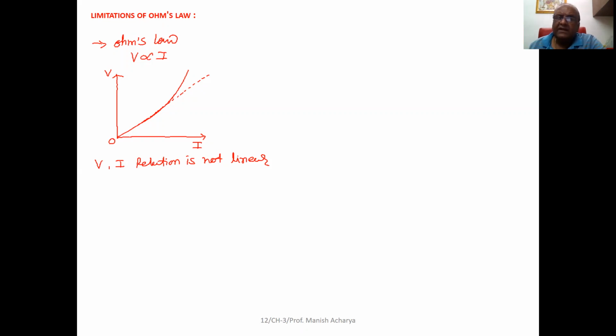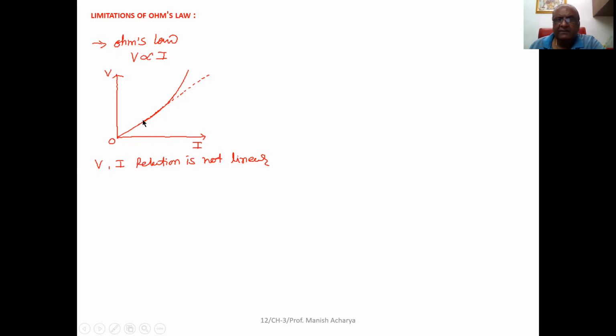Now see, suppose we think about metals, which are very good or pure conductors. For metals, when we plot the graph of voltage versus current, then as per Ohm's law it should be a straight line.